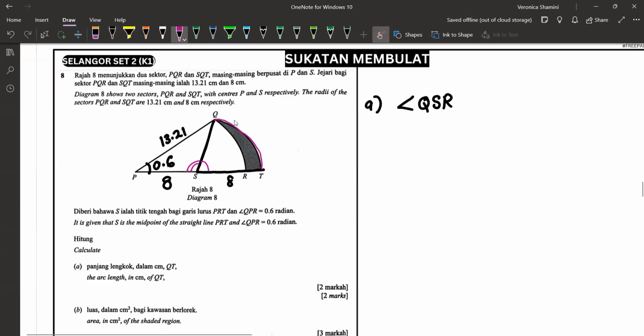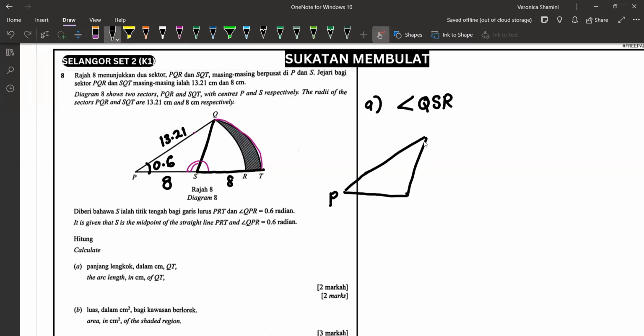Okay, let's see what can I use. This is 13.21. Okay, here is 8. Okay, wait, 13.21. Okay, here, this part, okay, I'm going to use this triangle to help me first.